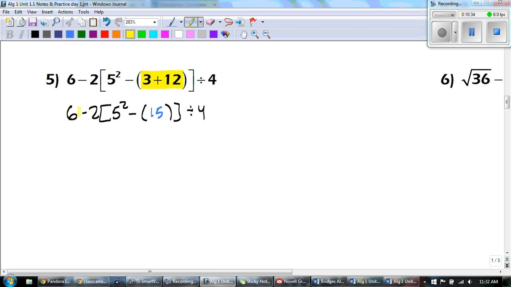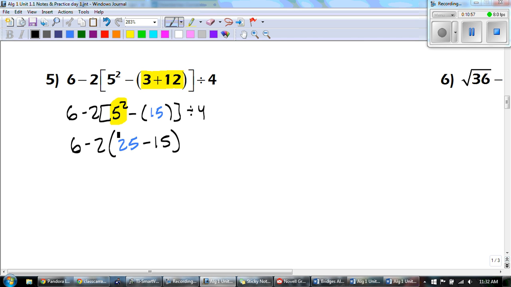Okay? Now, order of operations. Can I subtract? No, I cannot subtract. Don't do that. Don't be that guy. Okay? I have to do exponents. So I have 6 minus 2. 5 squared is 25 minus 15. So I took a pair of brackets away.